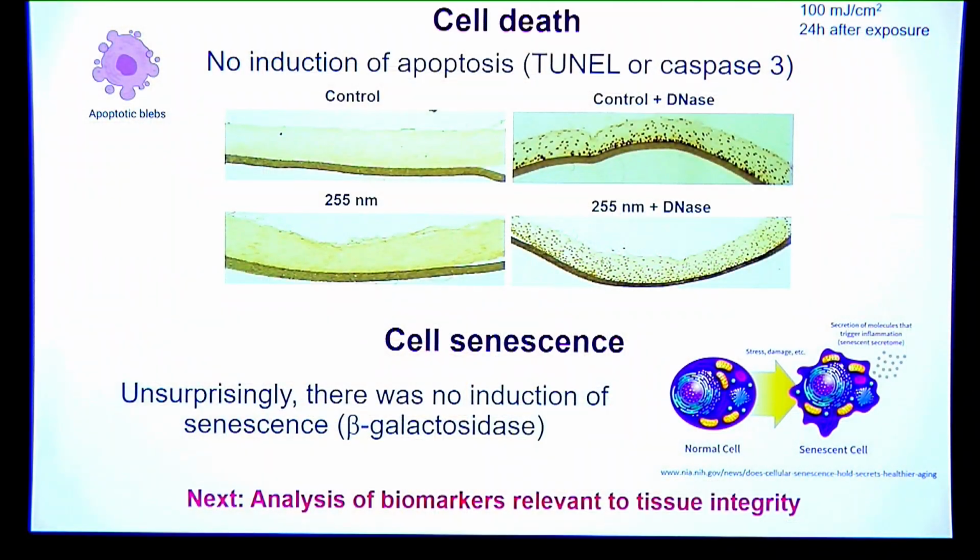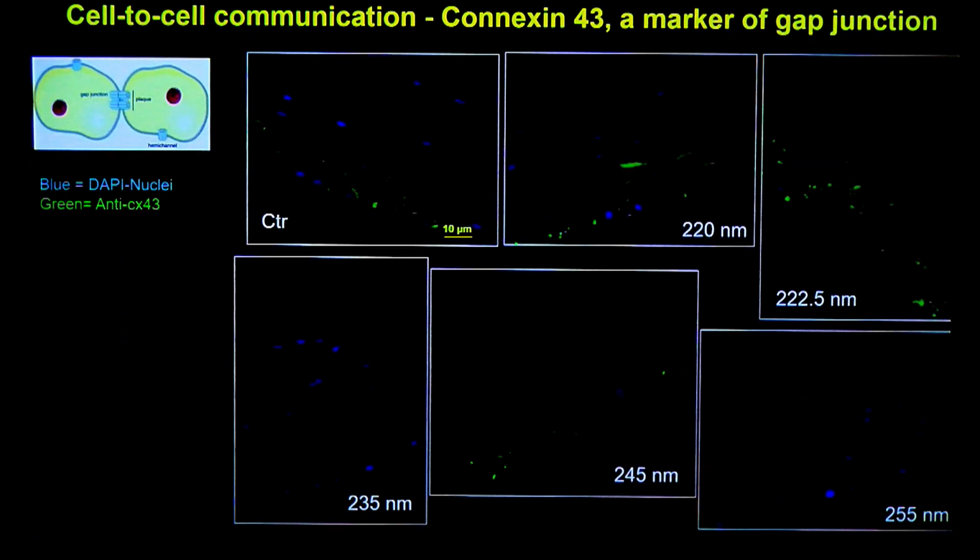And I also looked at cell senescence, beta-galactosidase, but I put it here to say that unsurprisingly, I didn't see much cell senescence. 24 hours after is too short. So we have to be aware, in our looking for different biomarkers which could be more specific, of what biomarker makes sense, depending also on when you look at it.